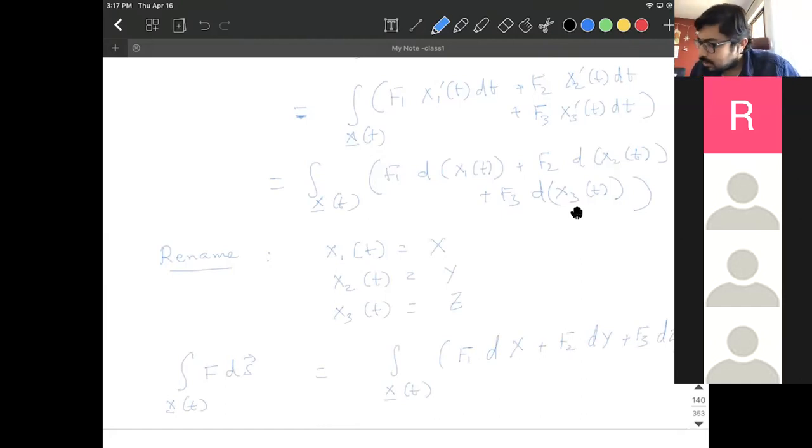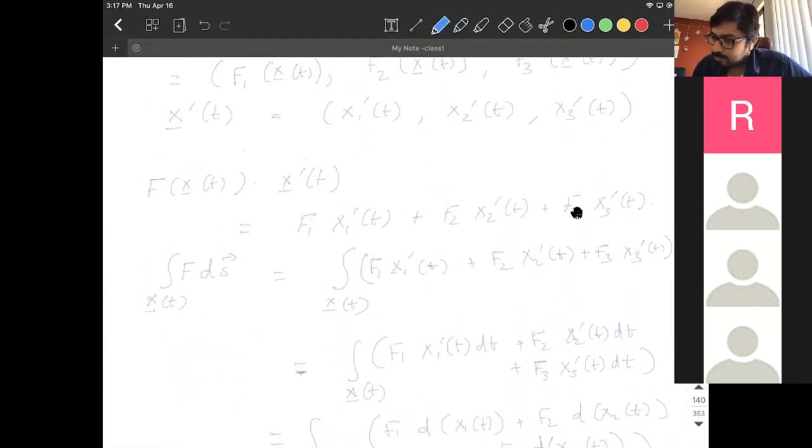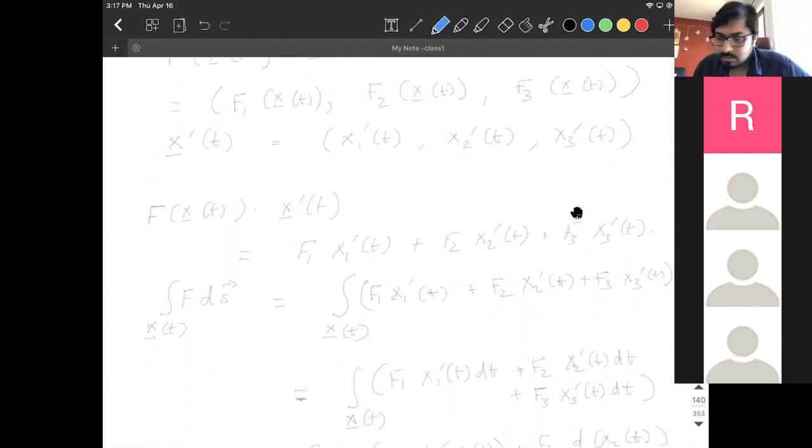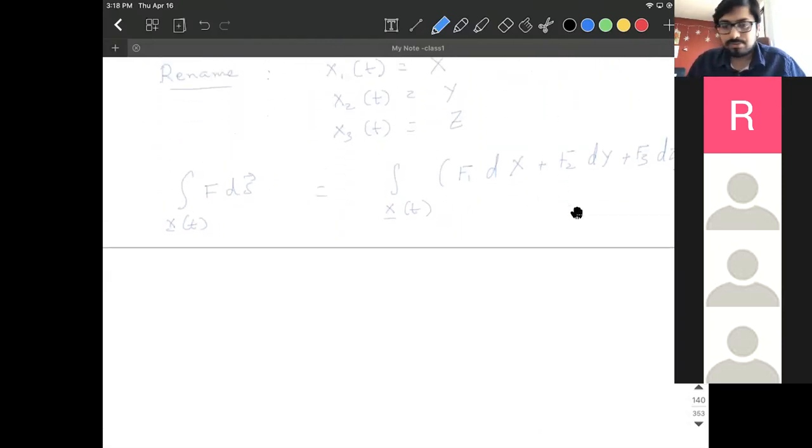Okay, so this is another expression, which can be derived from the usual one. So vector line integrals can also appear in this particular form.